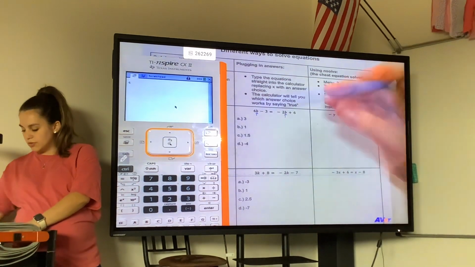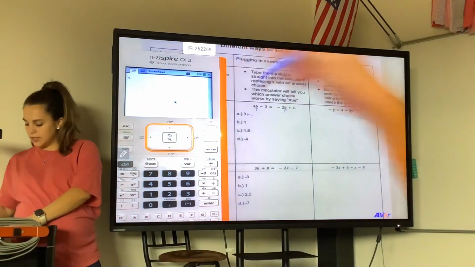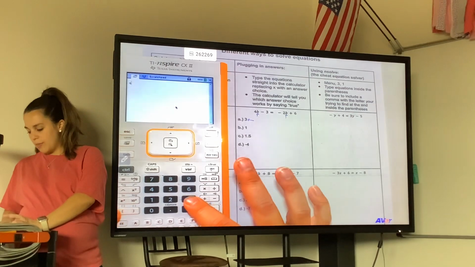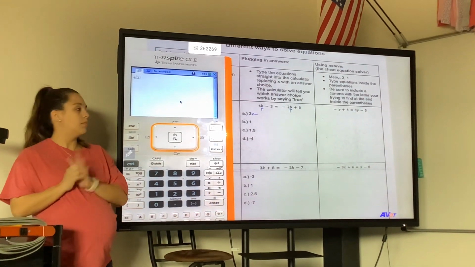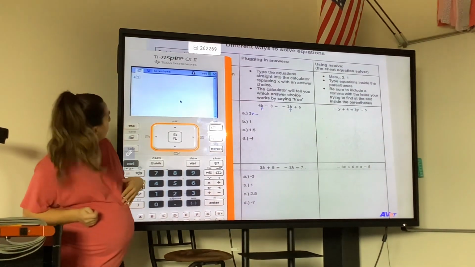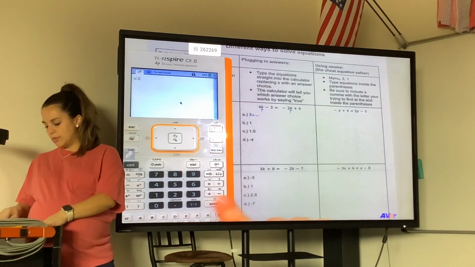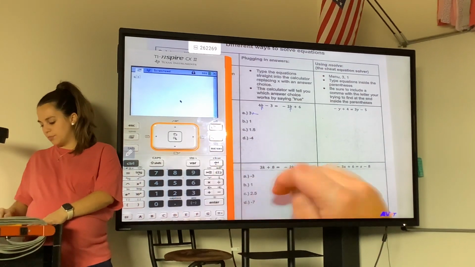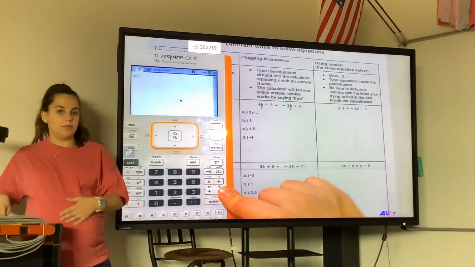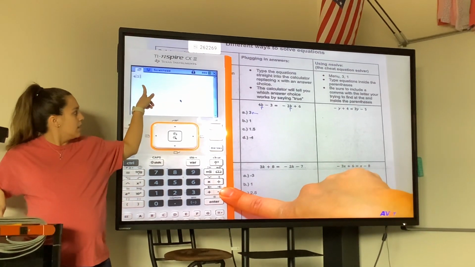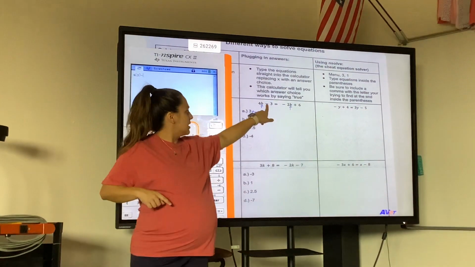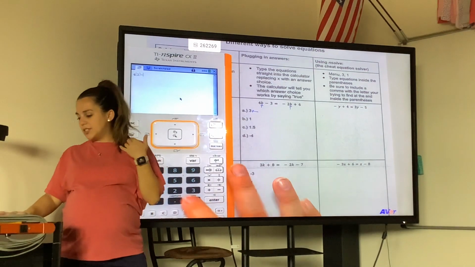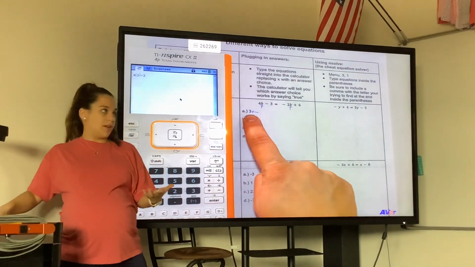We'll see if 3 is the right answer. 4, and then I'm going to use parentheses to show multiplication because you can use a multiplication symbol if you wanted, but I like to use parentheses. I feel like it helps me. So 4 times 3, then minus, just like this says, and then 3. I'm pretending that my mystery number was 3.